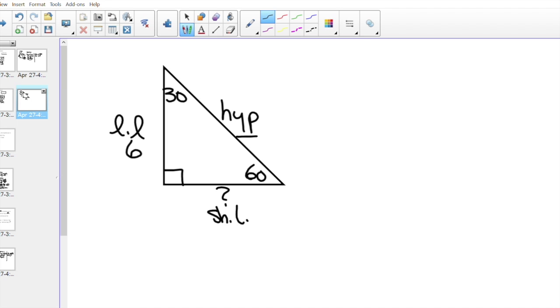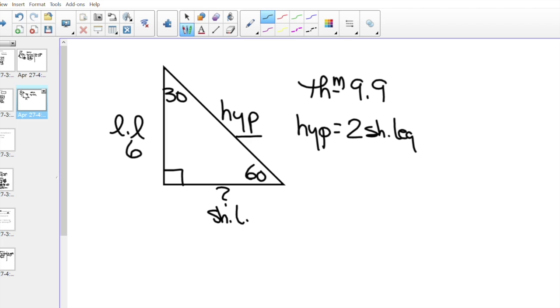And this side is called the hypotenuse. Again, using theorem 9.9, hypotenuse equals 2 times the shorter leg. Well, here's the problem. I can't start here like I did on the others because this is the hypotenuse, and this is the shorter leg, and I don't know either one.